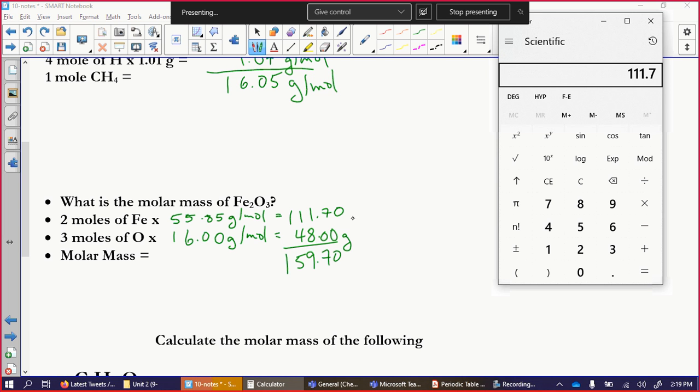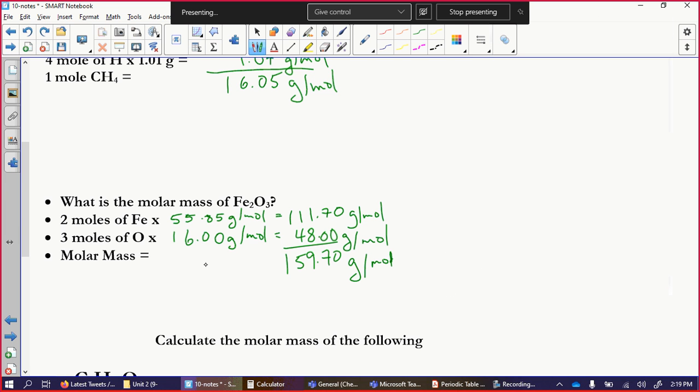So the rust on your car, or well, my car, has a molar mass of 159.7. If I have 159.7 grams of rust, I would have a full mole of rust.